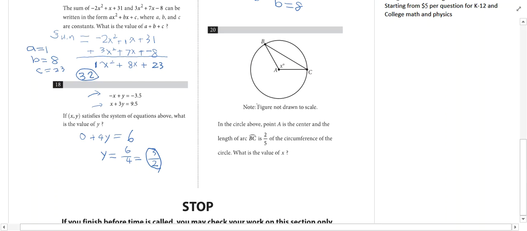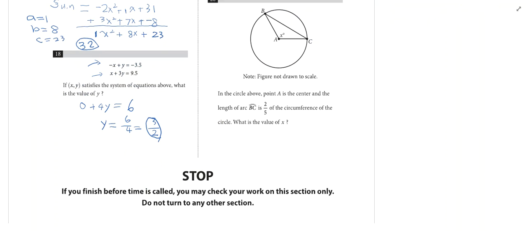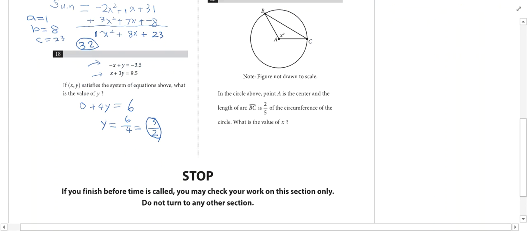So for the BC arc, this is the one I'm going to use first. We make a ratio of part over whole.